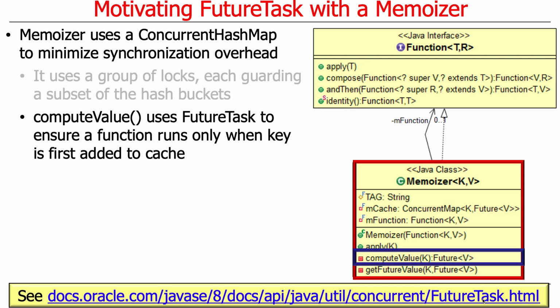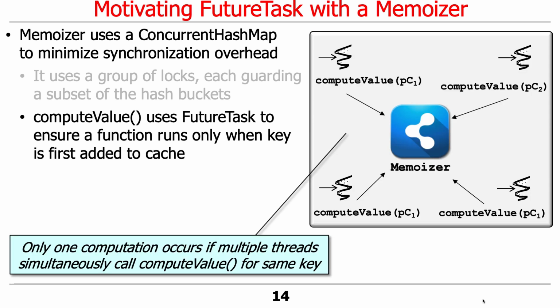So we're going to have a method here called compute value, which is very similar to the compute if absent method that we looked at before, except this is going to use a future task to do it under the hood, rather than relying on this modern Java feature that doesn't exist in earlier versions of Java. And so it's going to use future task to ensure that a function only runs when a key is first added to the cache, and otherwise just will return the pre-computed value henceforth. What's nice about this, as was the case with the earlier versions, is exactly the same semantics.